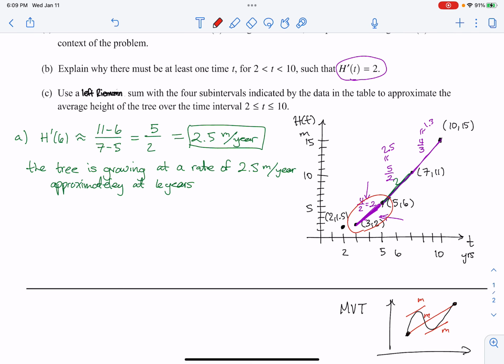So we could say for this part, this is the mean value theorem.